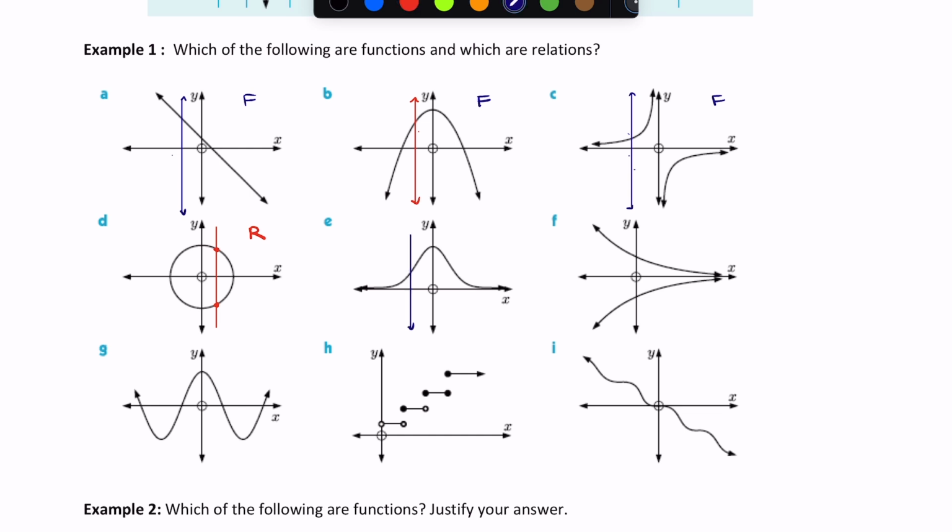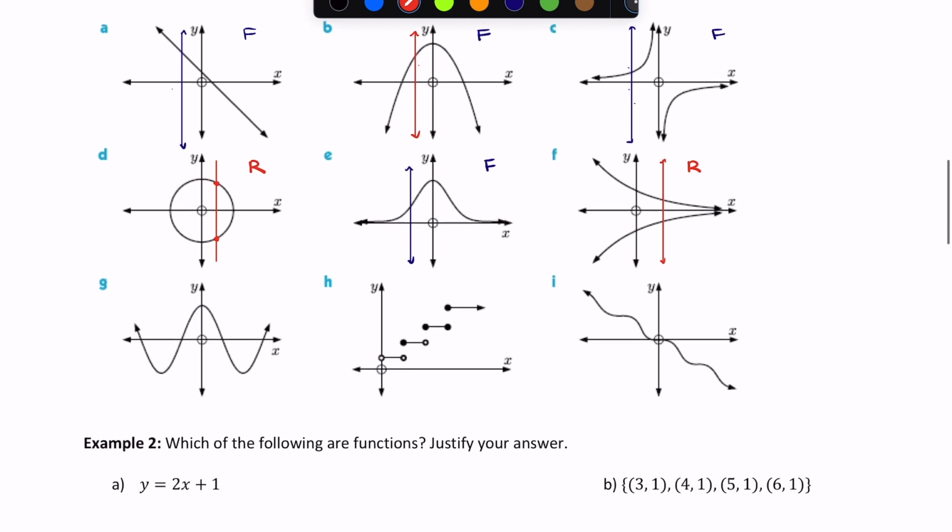So I'm not going to move the line each time, but here we see that this one passed the vertical line test, which means that it's a function. This will fail the vertical line test, which means it's a relation. This will pass the vertical line test, which means it's a function.